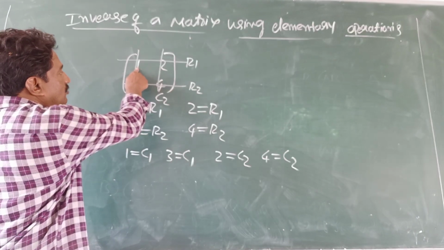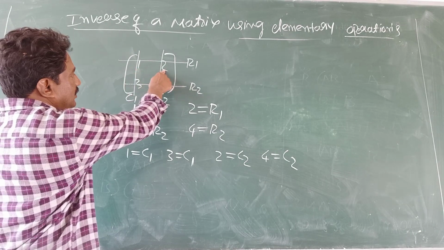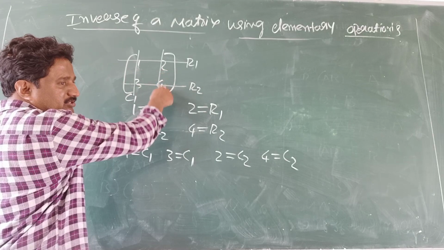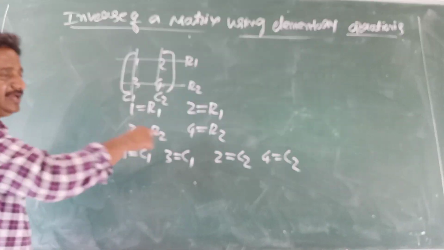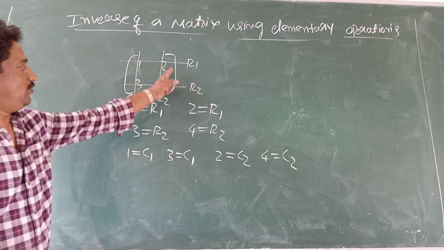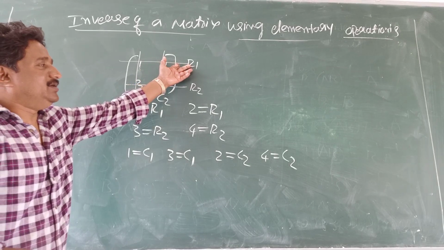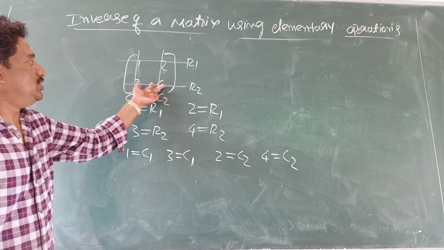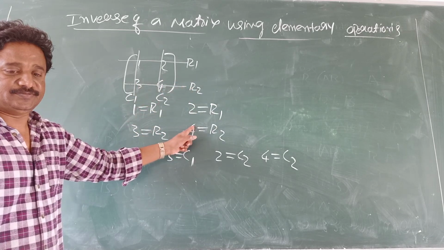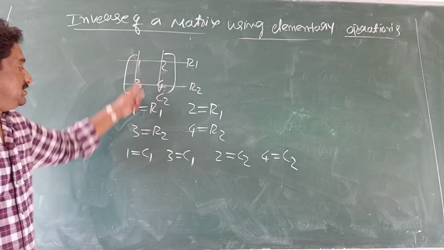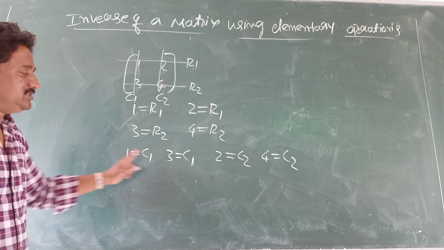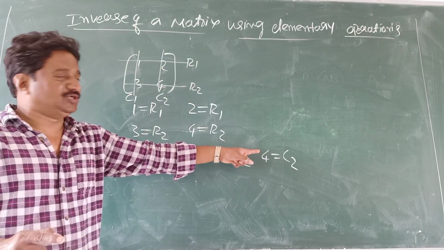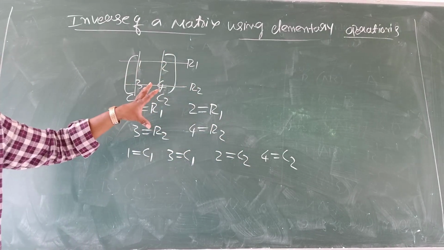We represent row 1 elements by R1, row 2 elements by R2, column 1 elements by C1, and column 2 elements by C2.